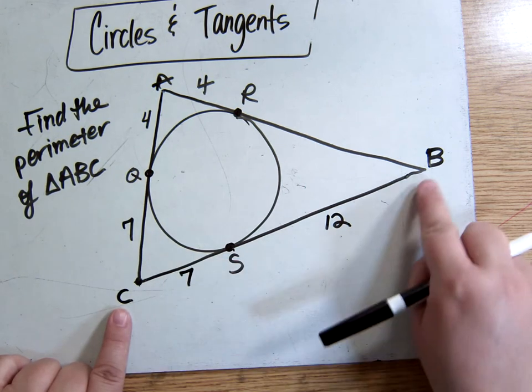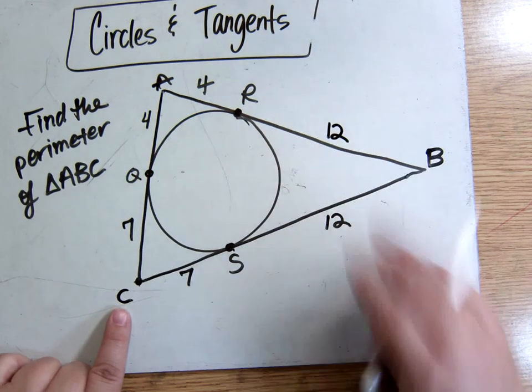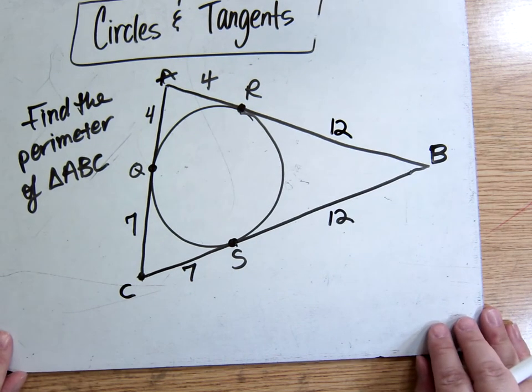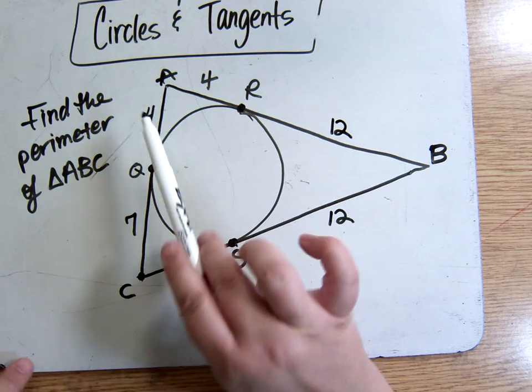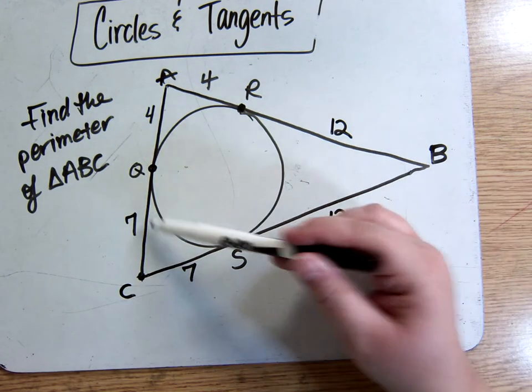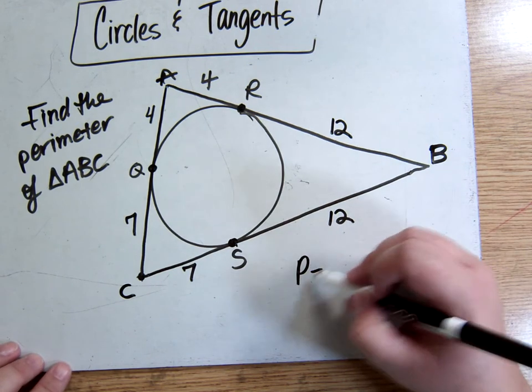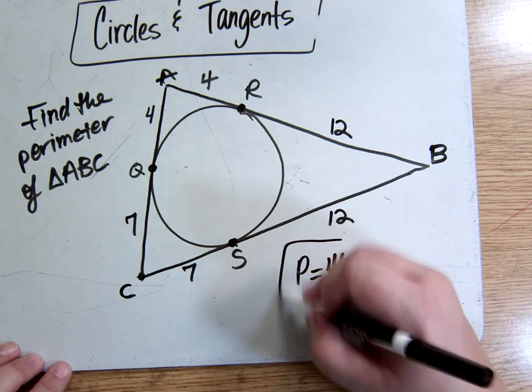And B to S has to be the same as B to R. So that's 12. So now all I have to do is add up all my sides, and I've got my perimeter. So 8 plus 24 is 32. Plus 14 is 46, and my perimeter is 46, whatever my units are.